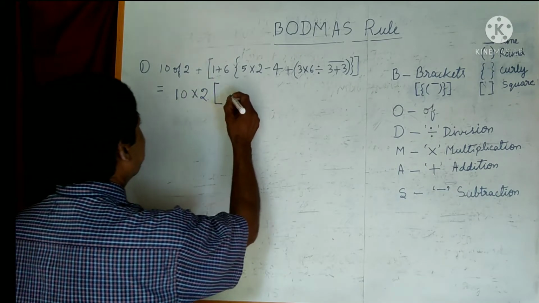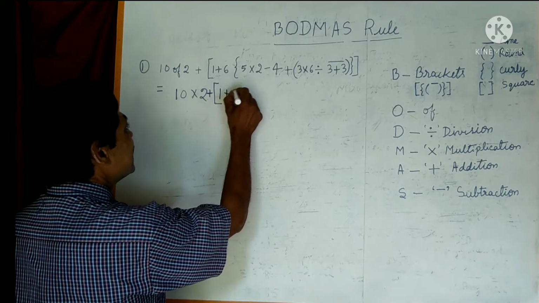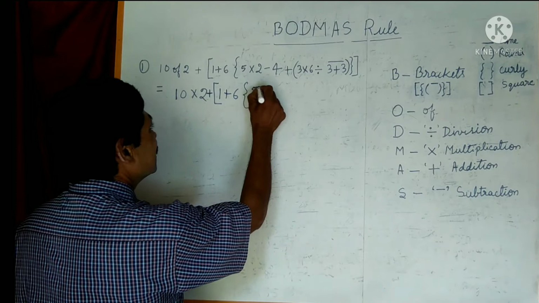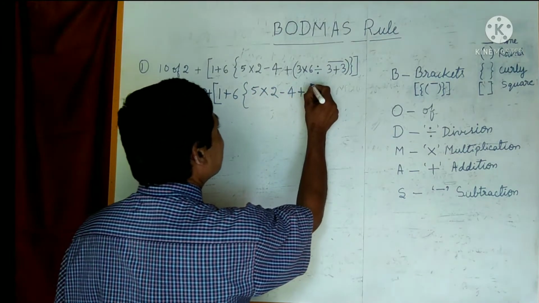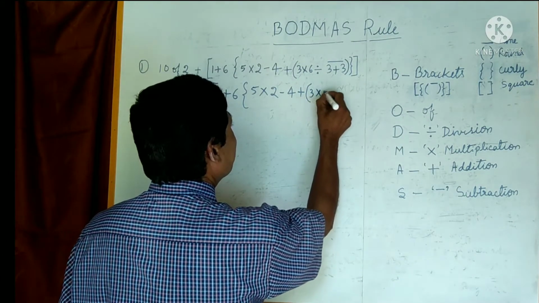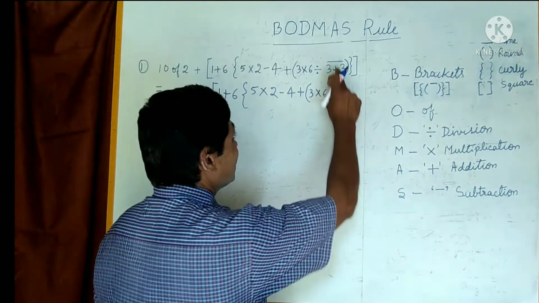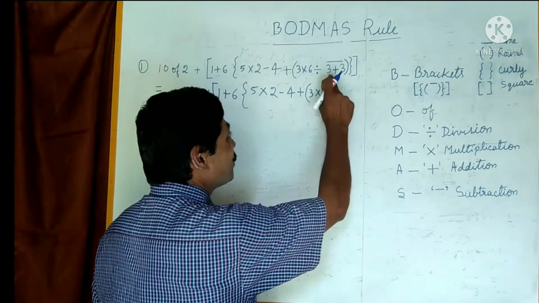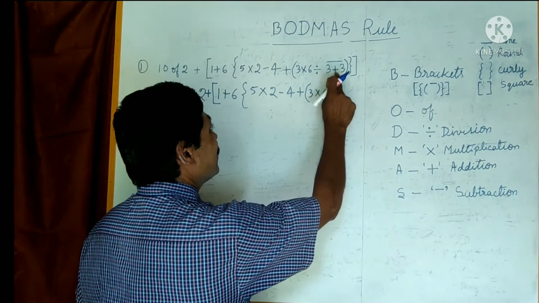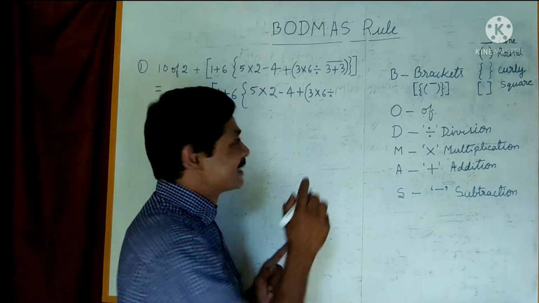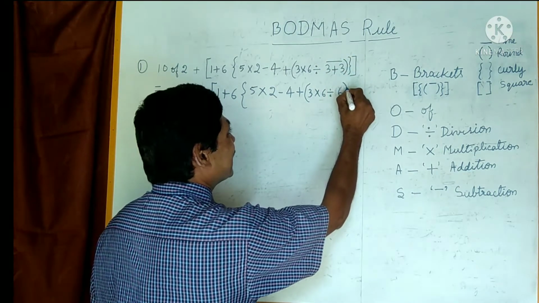We will write the bracket as it is: 1 plus 6, 5 into 2 minus 4 plus 3 into 6 divided by. Now this is the line bracket. We have to remove it. To remove it, we have to perform the operation here. 3 plus 3 is equal to 6. Now we have to remove the line bracket.